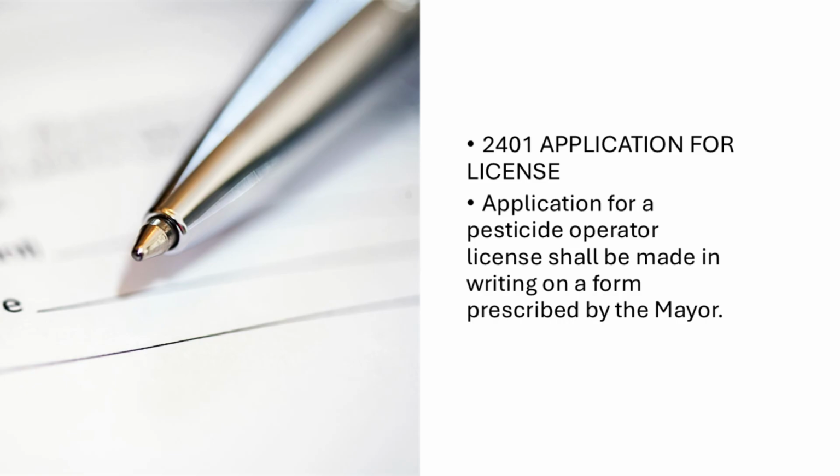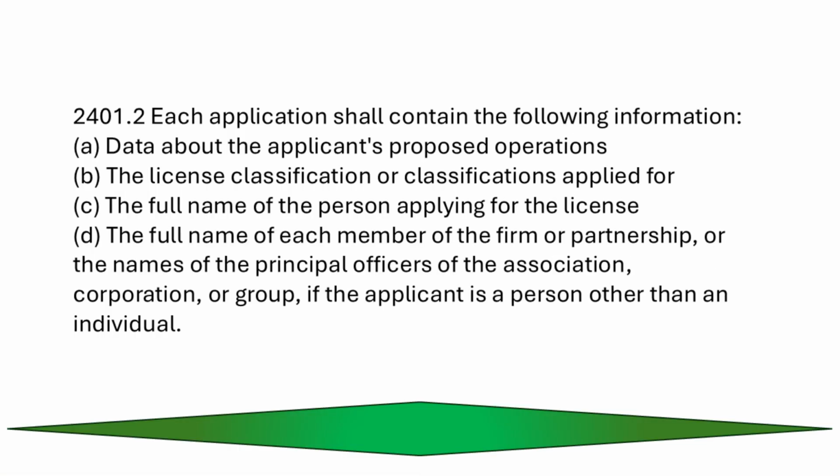2401. Application for a license. Application for a pesticide operator license shall be made in writing on a form prescribed by the mayor. 2401.2. Each application shall contain the following information. A. Data about the applicant's proposed operations. B. The license classification or classifications applied for. C. The full name of the person applying for the license.